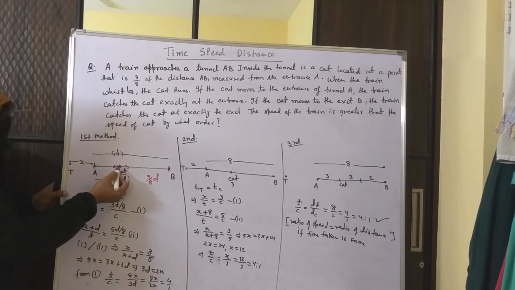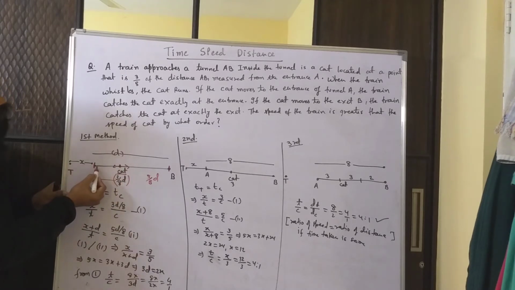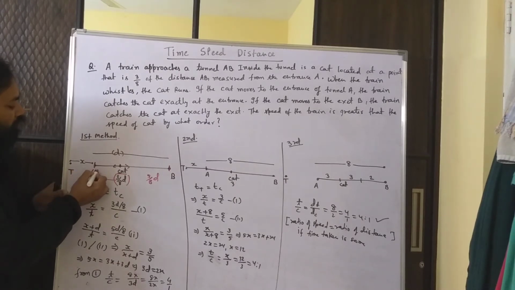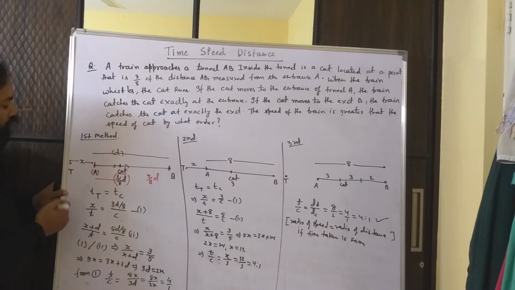So what happens? If the cat starts to come this side, the train catches the cat exactly at the entrance. By the time the cat reaches A, the train also reaches A, and the train catches the cat at the entrance of the tunnel. So what you understood?